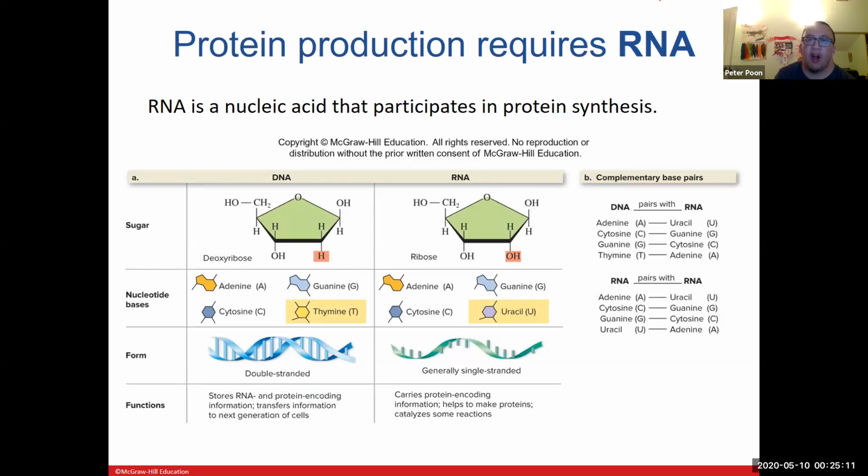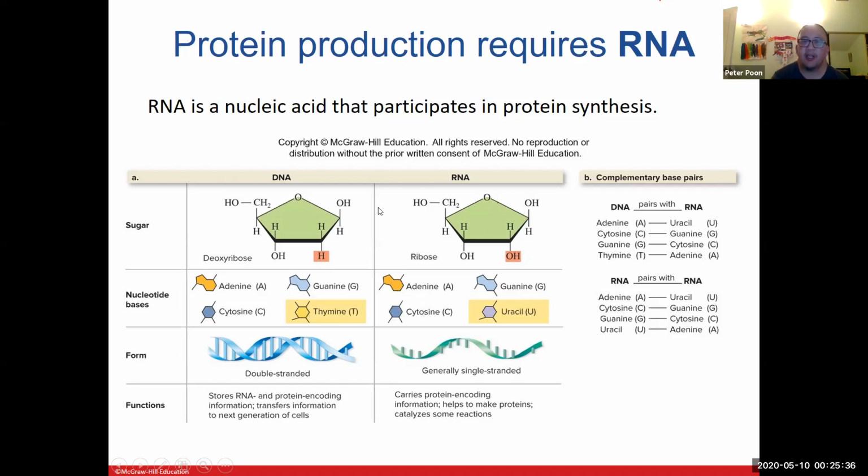Okay. RNA is a nucleic acid that actually participates in protein synthesis. So the differences between RNA and DNA. DNA is deoxyribonucleic acid, so it has the sugar deoxyribose. There's an H here and there's an OH there.